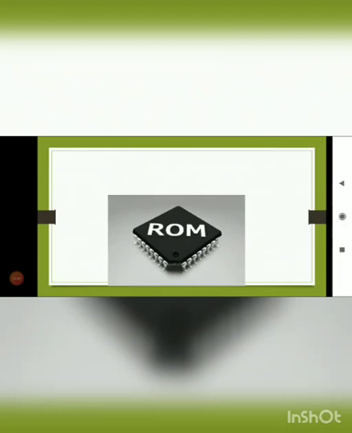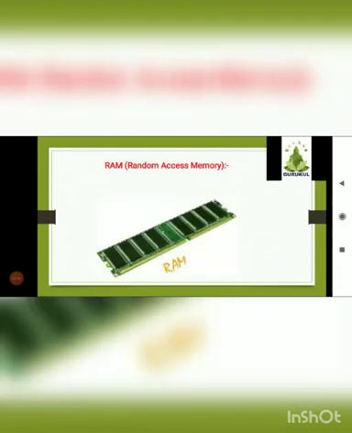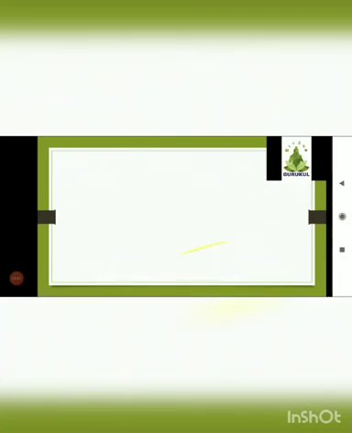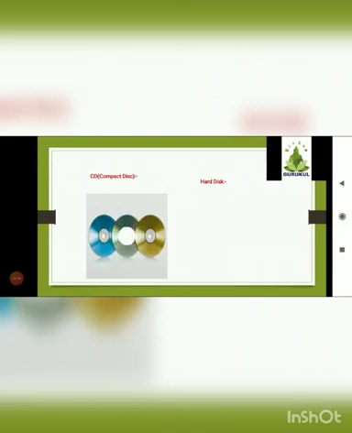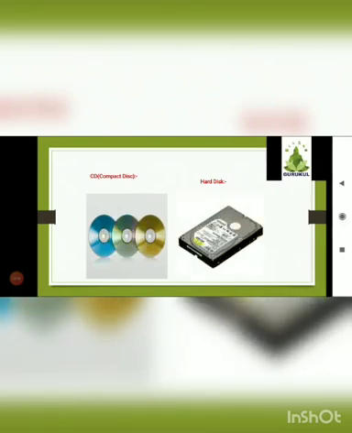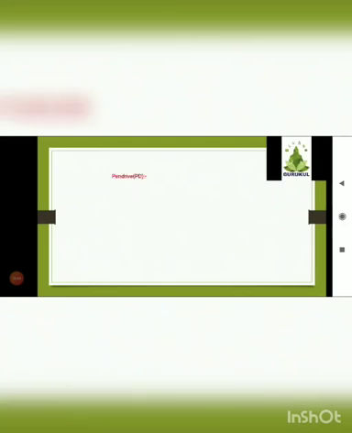The diagram of the ROM, read only memory, and RAM, random access memory, is given here. These are the examples of secondary memory: compact disk, CD, hard disk, pen drive, DVD.